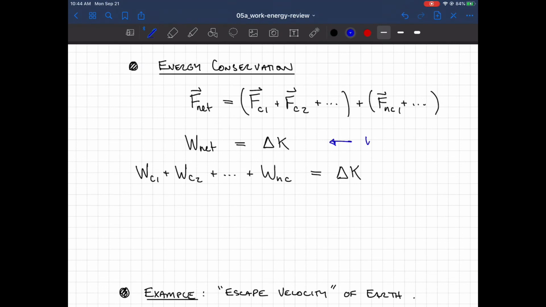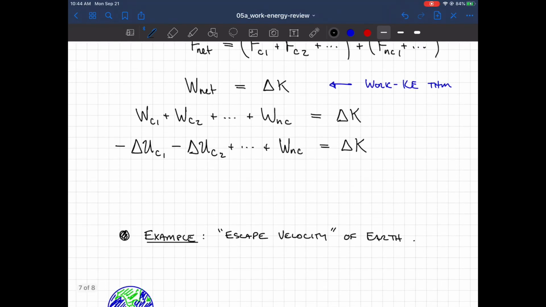So we used the work-kinetic energy theorem. Then we just used the definition of the net work, which is that it's the sum of the works. And now we can use the definition of potential energy. So remember, the potential energy difference for a conservative force is minus the work done. So these things become delta U of the conservatives, and then this is just the non-conservative. So what does that lead to? Well, this thing is kinetic final minus kinetic initial.